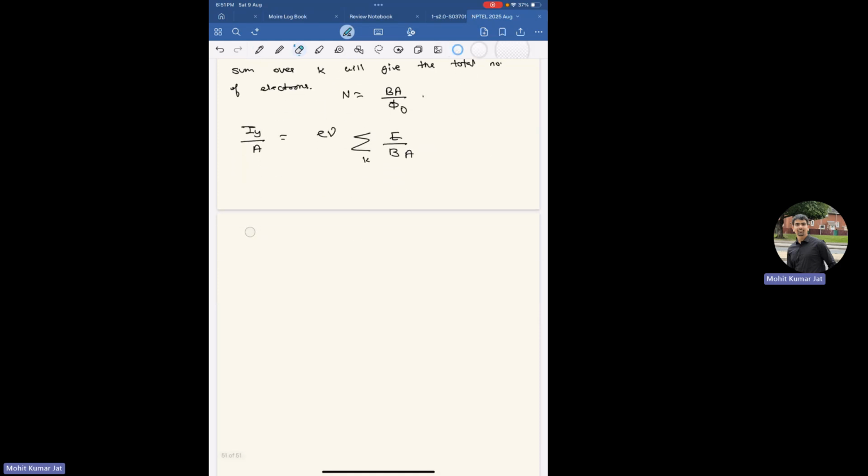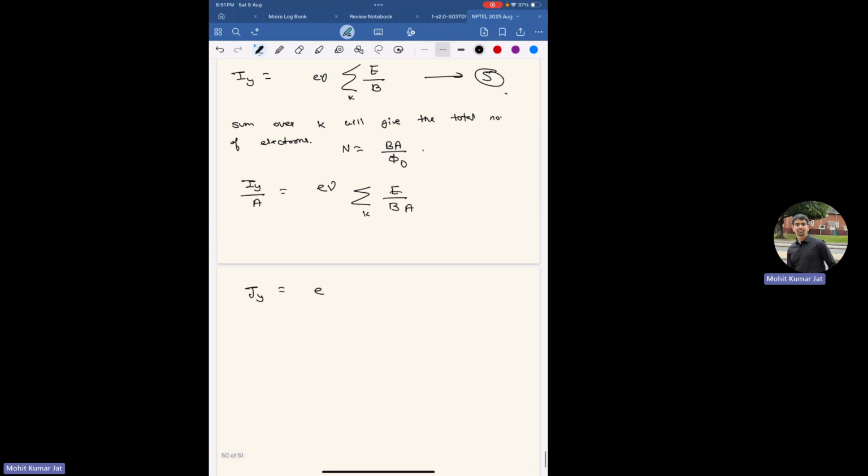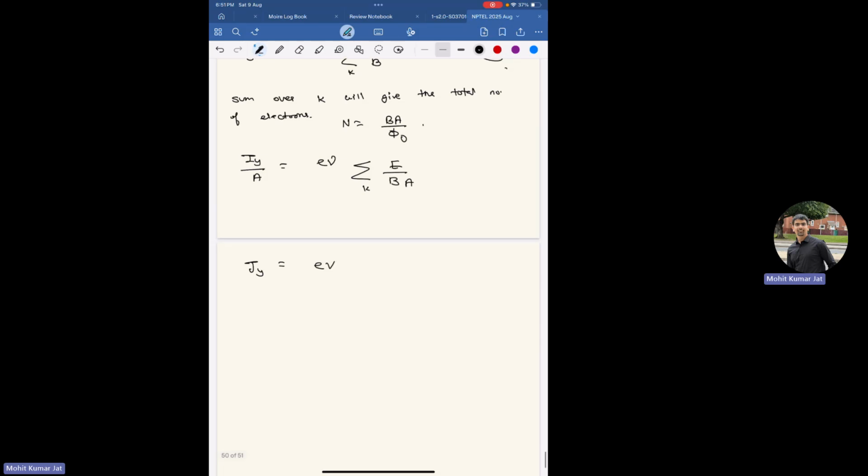So this Iy by A will be the current density Jy. It will be e nu, and I can multiply and divide it by h by e, and that will give me this phi naught.